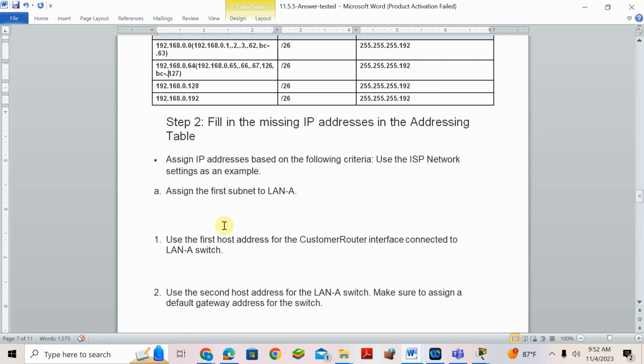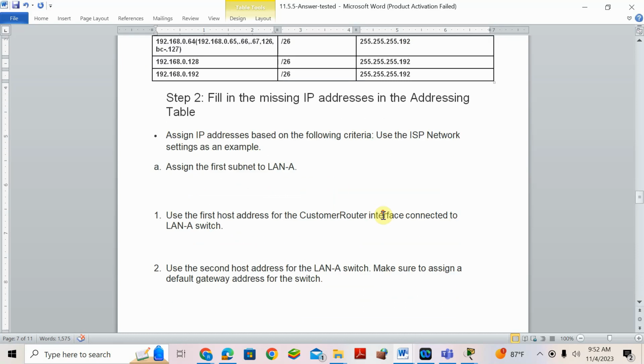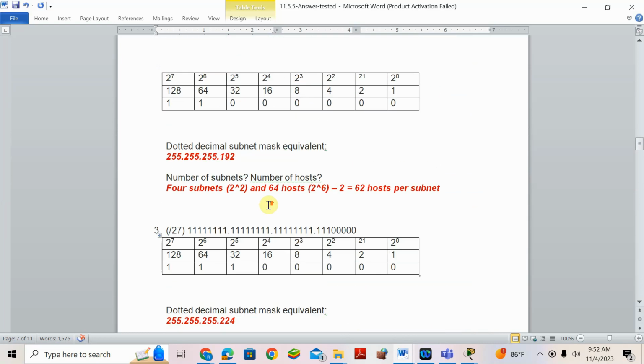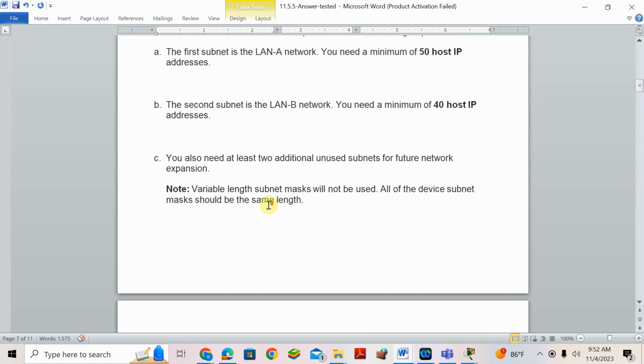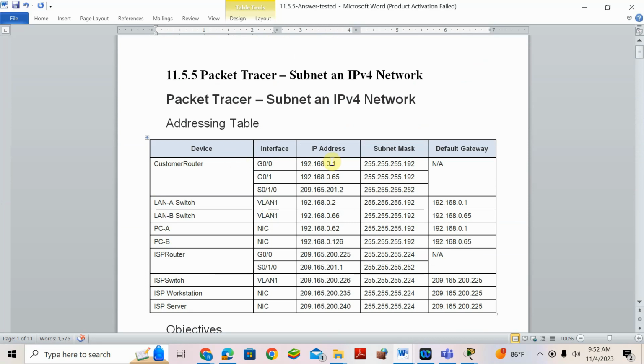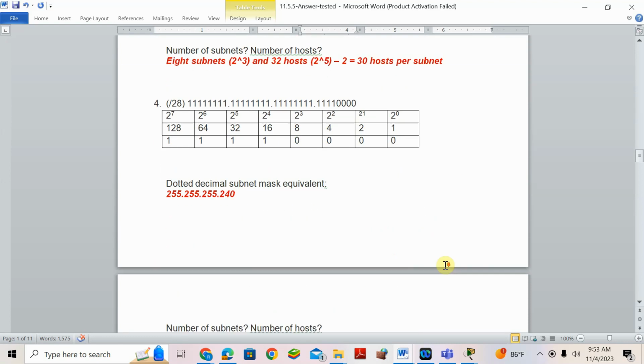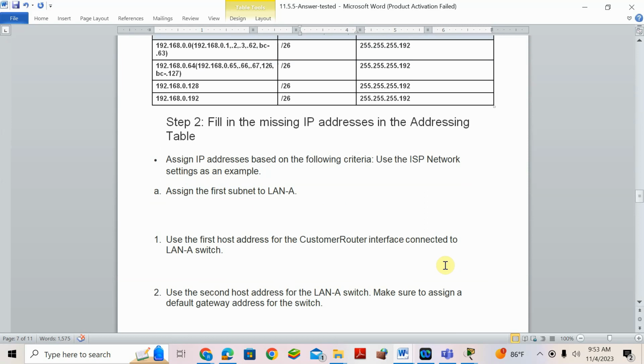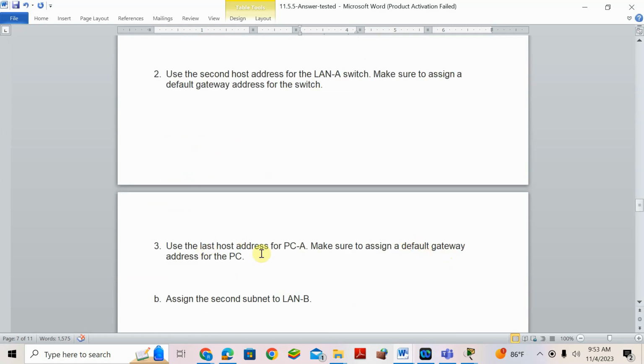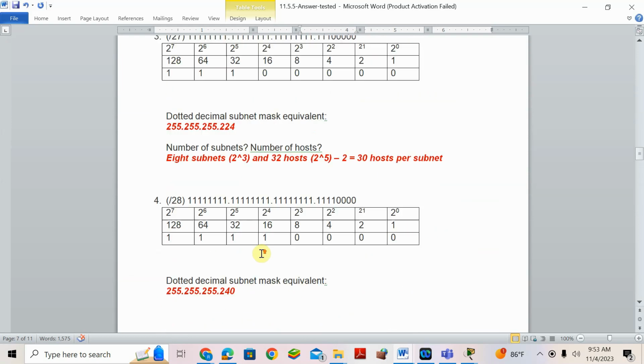Okay. The first host address goes to the customer router, 0.1, and second will be the default gateway for the switch. See here what I have written. First customer router 0.1. Second will be switch VLAN 1. Then after that, the last host address is for PCA.